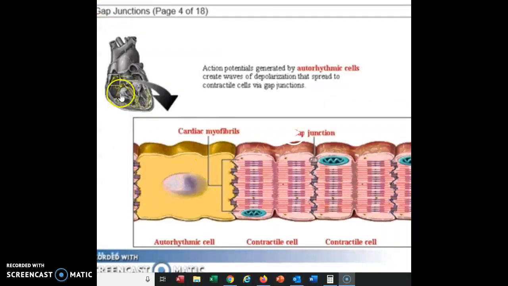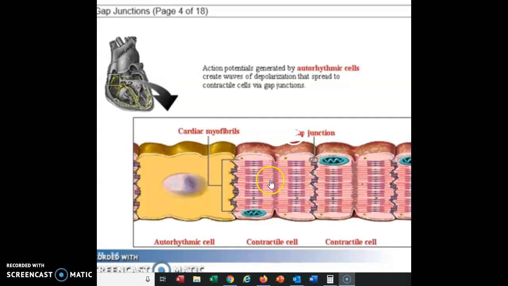So if we compare the cells within the intrinsic conducting system, our autorhythmic cells, to our contractile cells, in other words our muscle cells, look here, we can see our sarcomeres right through here. We can see the thick and thin filaments represented. We can see the mitochondria supplying the ATP for this action.